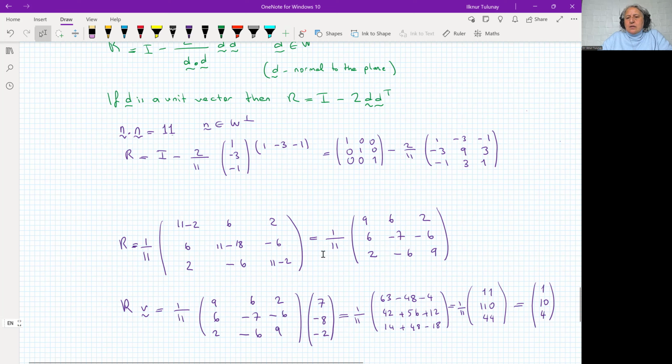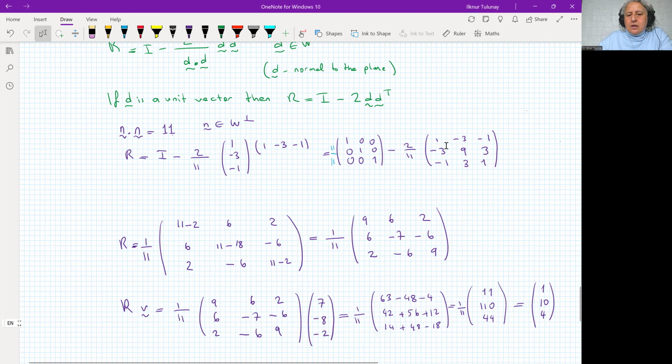I can subtract it, 11 minus 2, and I take the 1 over 11 as a common factor. If you multiply 1 over 11 to 11 here, I think it is clear, but that's what I'm doing here. This is 11 over 11, and I am keeping 1 over 11 as a common factor. And then I have 11 minus 2 for this one, and so on.